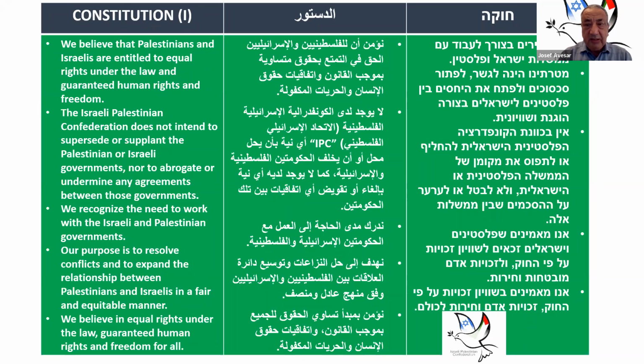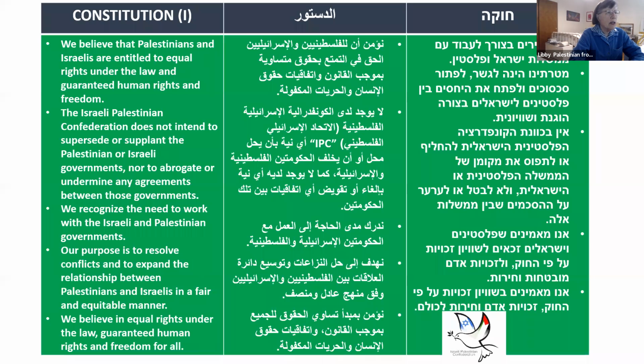Libby, please. We believe that Palestinians and Israelis are entitled to equal rights under the law and guaranteed human rights and freedom. The Israeli-Palestinian Confederation does not intend to supersede or supplant the Palestinian or Israeli governments, nor to abrogate or undermine any agreements between those governments.